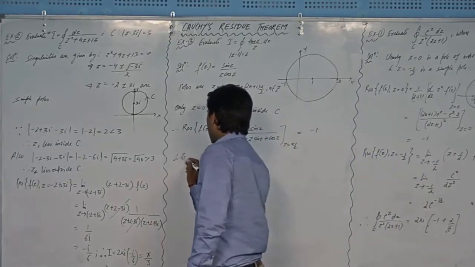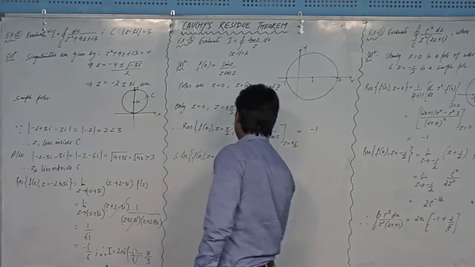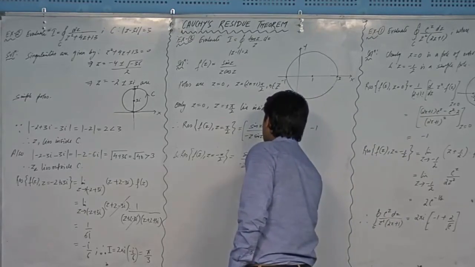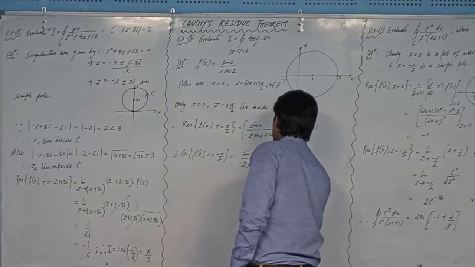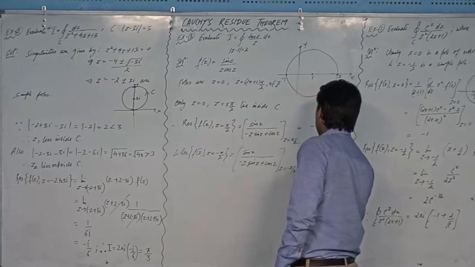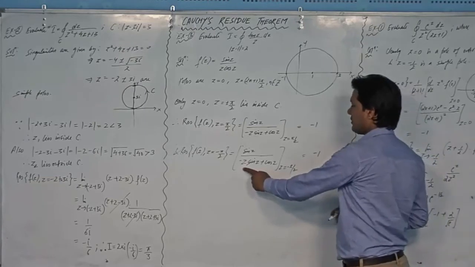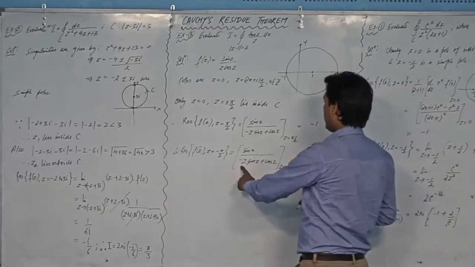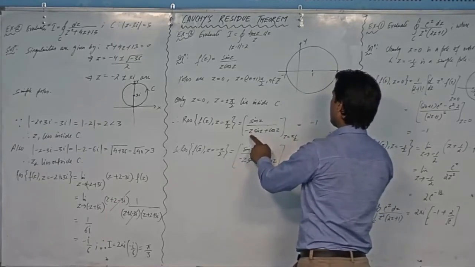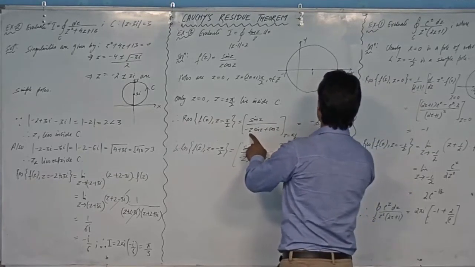And the residue of f(z) at z equal to minus pi by 2 equal to, again using the same formula, sin z over minus z sin z plus cos z, evaluated at z equal to minus pi by 2. I think this time in the numerator I will be having minus 1, and in the denominator I will be having, I think I missed something, that should be z equal to pi by 2, and sin 90 is 1, minus 1, and this is pi by 2, so 2 by pi, minus 2 by pi.